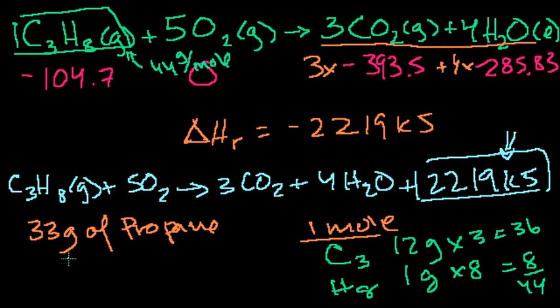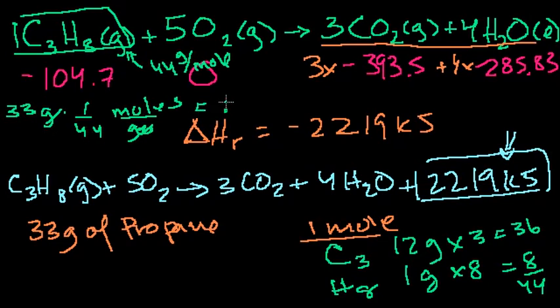Now, if I give you 33 grams, how many moles am I giving you? Well, 33 grams times 1 over 44 moles per gram, and then the grams cancel. I'm giving you 33 over 44ths of a mole, or I'm giving you 0.75 moles.